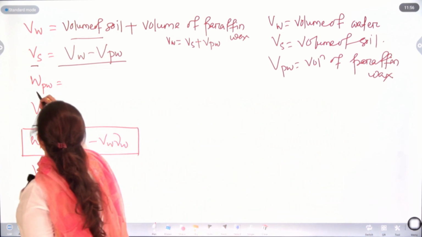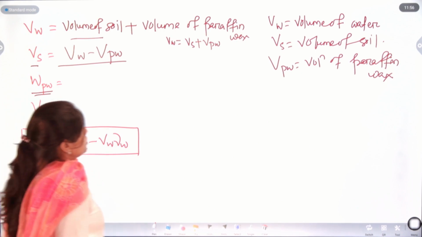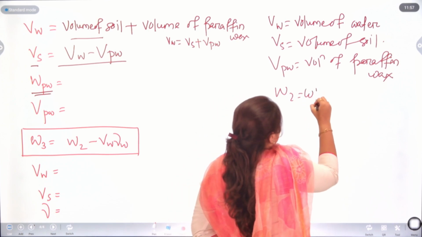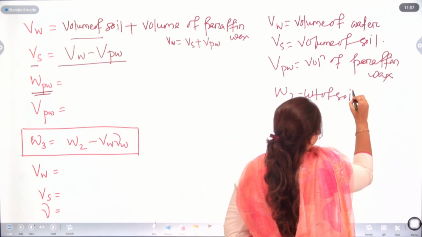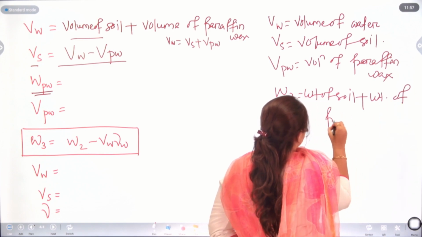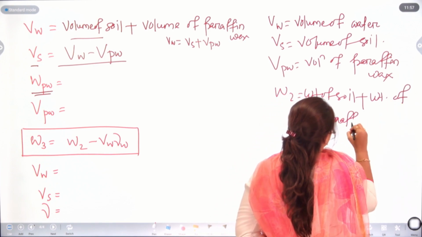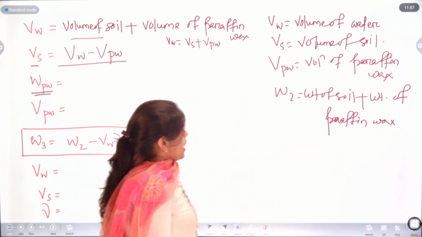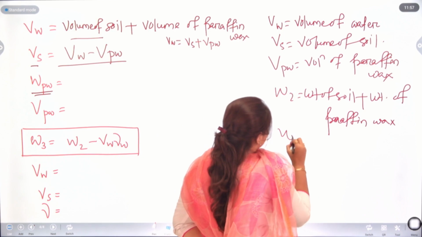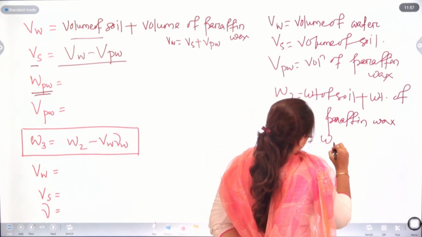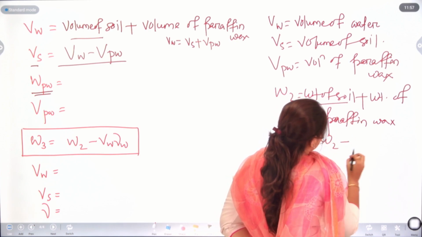Now, what is Wpw? We know that W2 is what? The weight of soil plus the weight of paraffin wax. Right. So, our Wpw will be W2 minus the weight of soil.